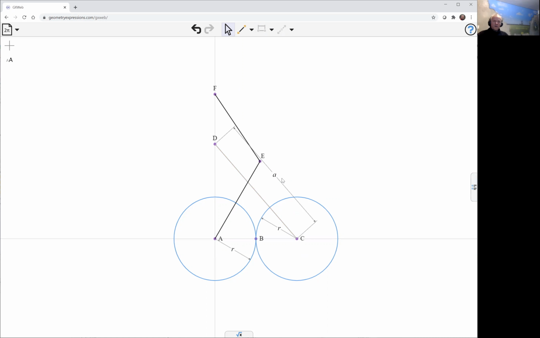And then meanwhile, we have another line coming out of this center. And this is attached to a fixed length link attached to D. And this length is also A, as are these two links.